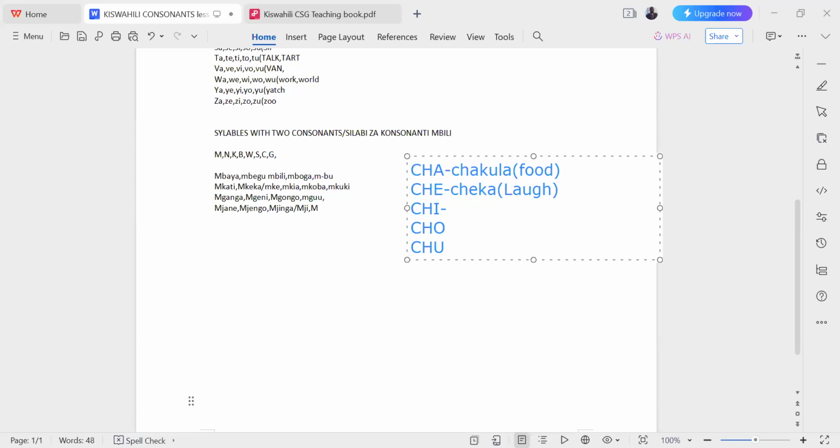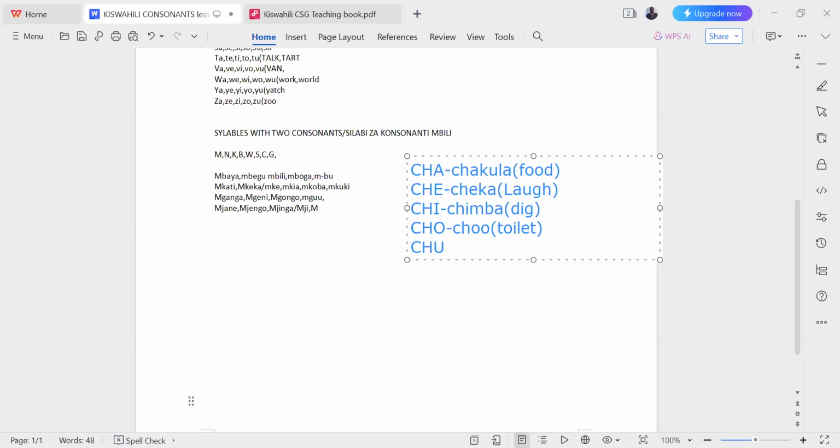In chi, we have the word, for example, chimba, which means dig. Then in cho, we have the word cho, which means toilet. These are two consonants and two vowels.